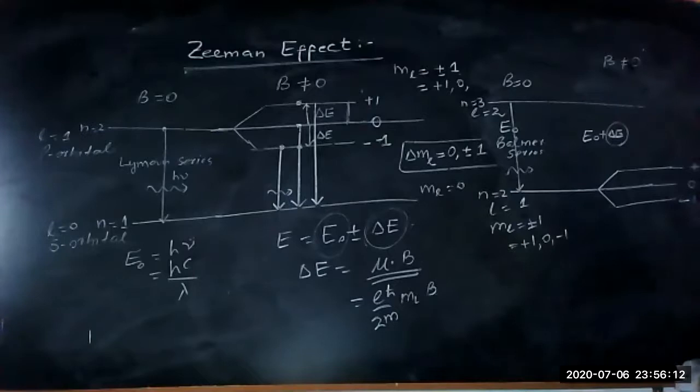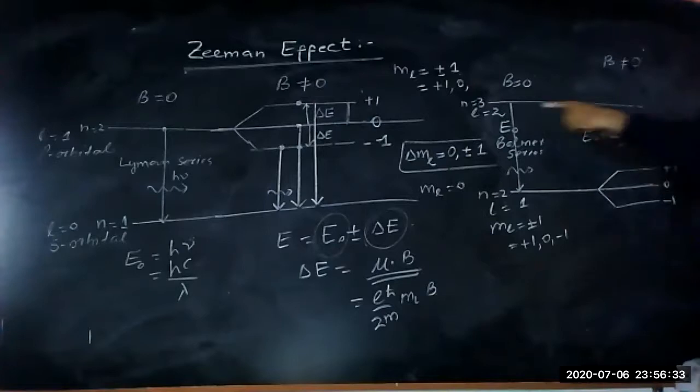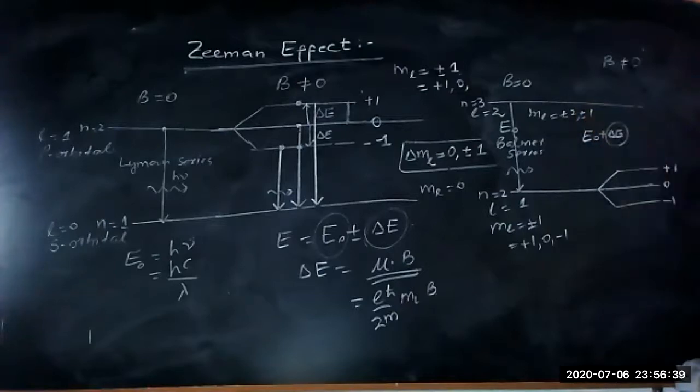For L is equal to 2, ML has plus minus 2, plus minus 1 and 0.